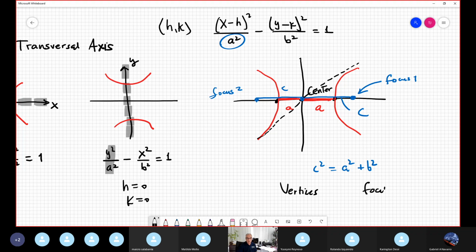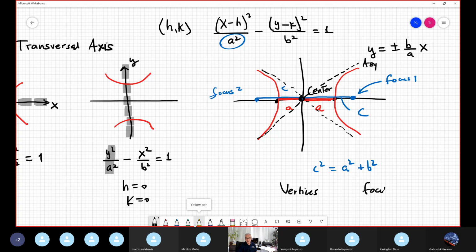It's obvious that the curve in red color approaches but never touches. This is a slant asymptote. And this is another slant asymptote. And the formula for this is y equals plus or minus b over a times x. Well, the supposition is that the center is at 0,0 in this formula. And we have two lines, and one line has a positive slope, of course this one.